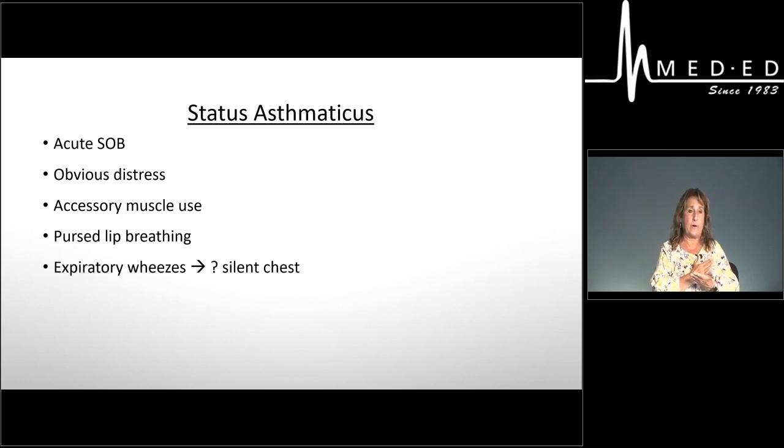When you hear expiratory wheezes, that at least gives you an indication that there's some airflow, but if the lungs go silent, that's ominous. So we don't want to let it get to that point. And so if the patient is not getting better, but they're getting worse, make your phone calls, make your reports sooner rather than later based on your assessment data.